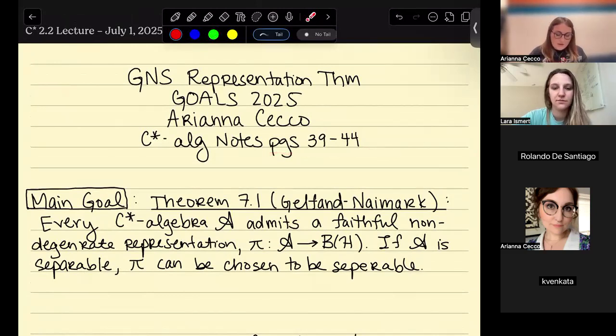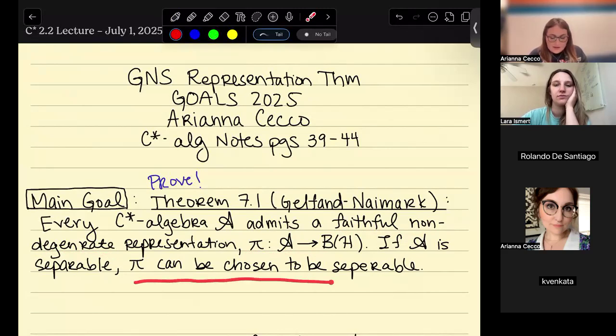So, the main goal for today is we want to prove this theorem, the Gelfand-Naimark theorem, which says that every C-star algebra A admits a faithful, non-degenerate representation, pi, from the C-star algebra A to B of H. And it also says that if A is separable, then pi can be chosen to be separable.